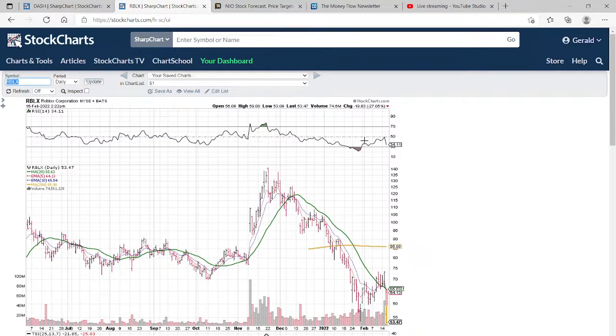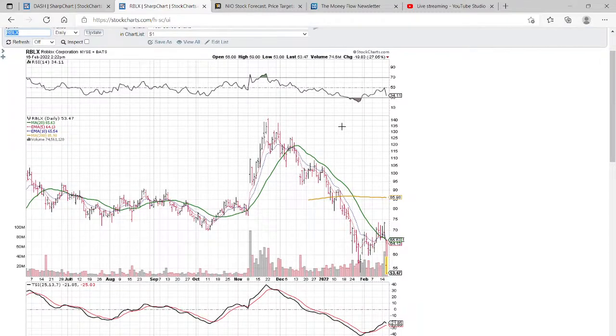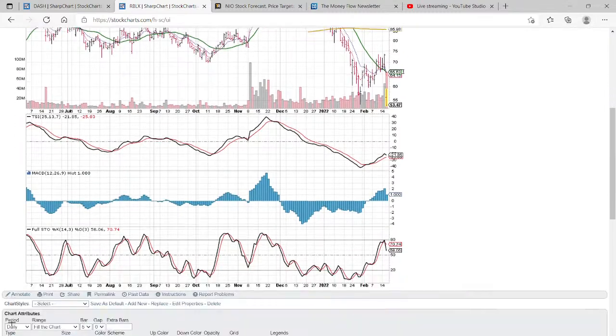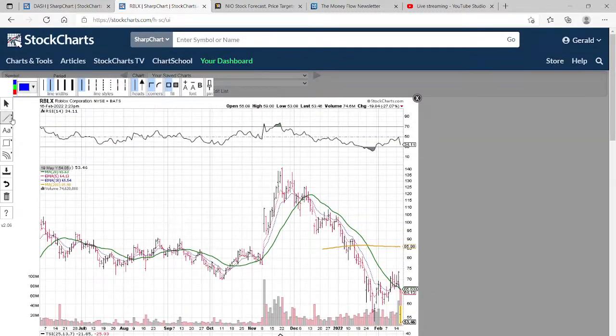If anybody's on here and you don't know this, and you're trading or buying stocks and you're not using this thing called RSI, that's like having a gun. I don't even know what to compare it to. It's insanity. You have to learn how to use this. The way a lot of people use it and the way I use it is different.